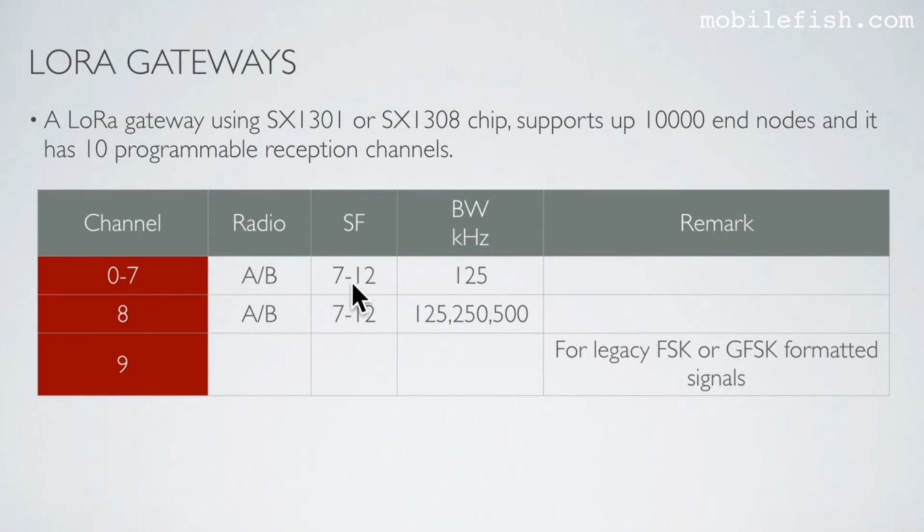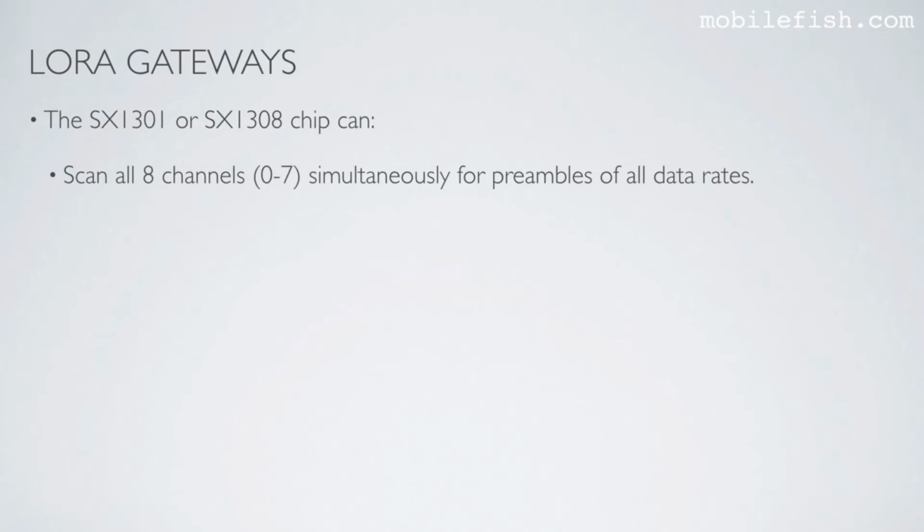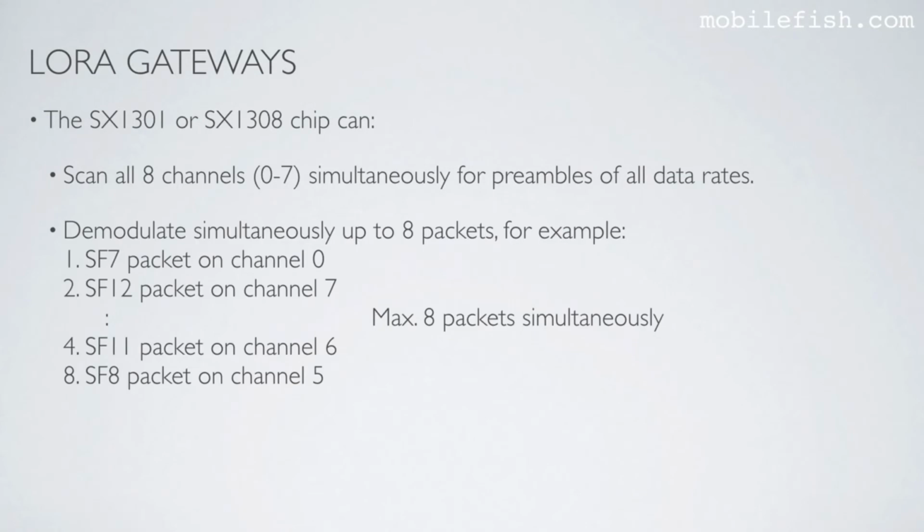Channel 0 to 7 support only bandwidth 125 kHz. Channel 8 only supports bandwidth 125, 250, or 500 kHz. And channel 9 is intended for legacy FSK or GFSK formatted signals. The SX1301 or SX1308 chip can scan all 8 channels simultaneously for preambles of all data rates and can demodulate up to 8 packets simultaneously.